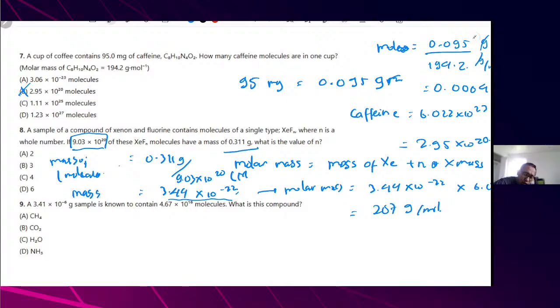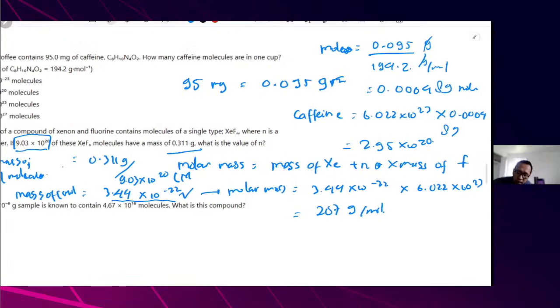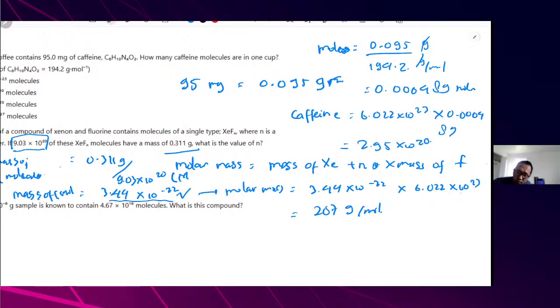Based on this information, we can get the molar mass using Avogadro's number: this one times this one.